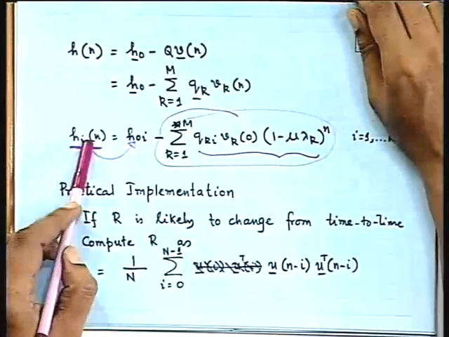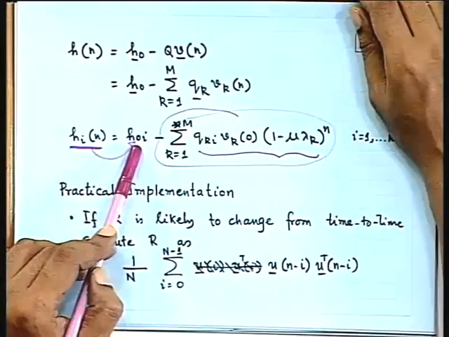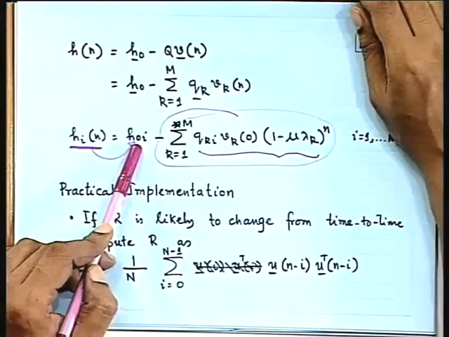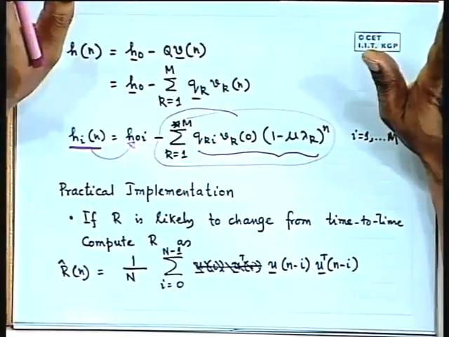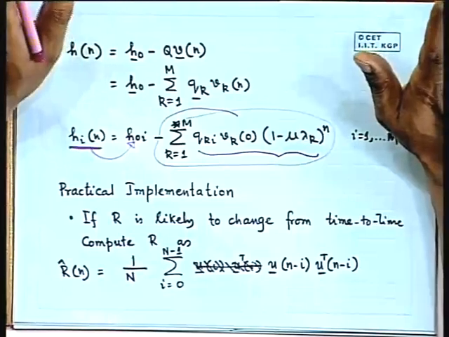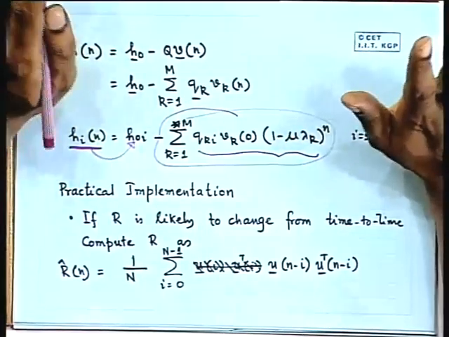So each component of the weight will tend to the corresponding optimal Wiener filtering weight. So this algorithm at least does the job, hopefully, given enough time.